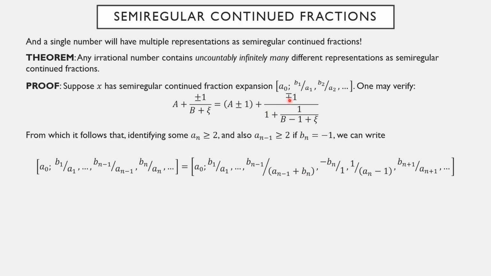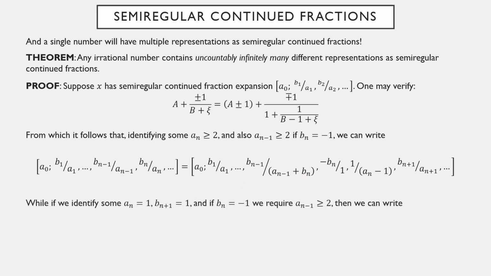Now I have its opposite, so this is minus bn over 1, definitely a plus 1, and I subtract 1 from this an, and now this is whatever happened after that point. So this semi-regular continued fraction, under the assumption an is at least as large as 2, because I need to subtract 1 from it, and if this is a minus 1, this was at least as large as 2, so that this is still valid. These two semi-regular continued fractions are equal to one another.